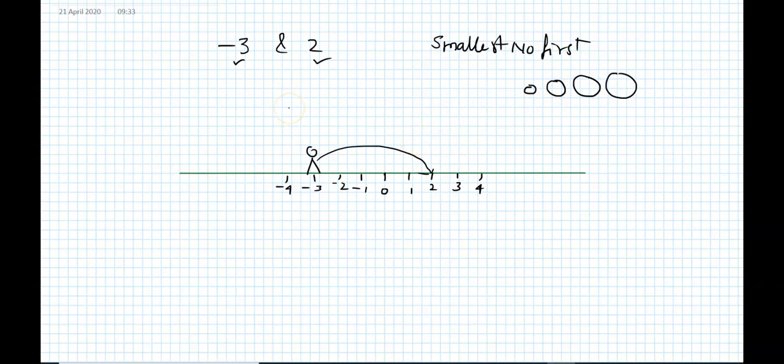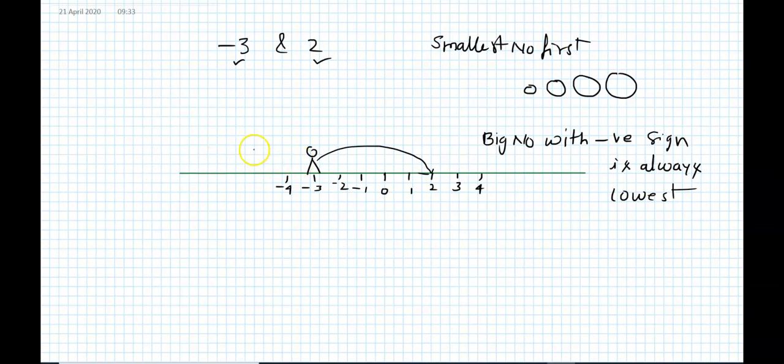So what the rule is: a big number with a negative sign or minus sign is always lowest.